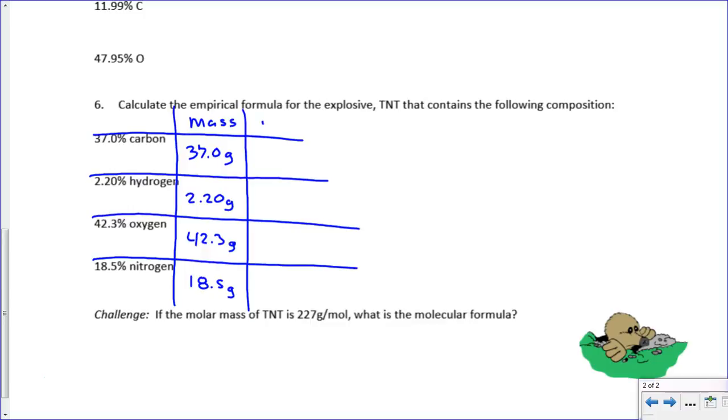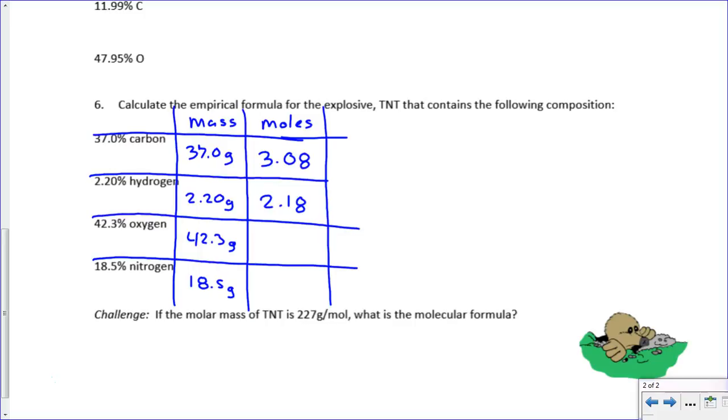The second step, we need to get to moles. The way you do that is by dividing by the molar mass for each element. The molar mass of carbon from the periodic table is 12.01. So we do 37 divided by 12.01, and you get 3.08. Then for hydrogen, we do 2.20 divided by 1.01, and you get 2.18.